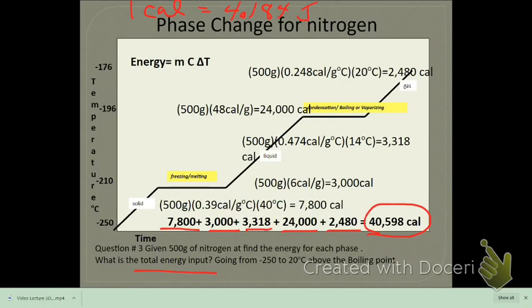Since I know I have 40,598 calories, all I would do is multiply this by 4.184, and that is going to give me the joules. Pause the video, make sure you understand it, rewind it as you see needs fit, and continue on when you're ready.